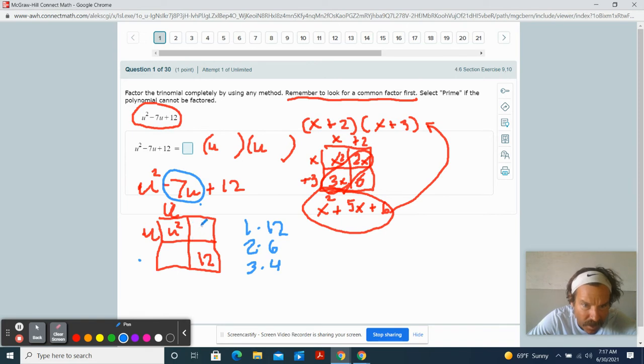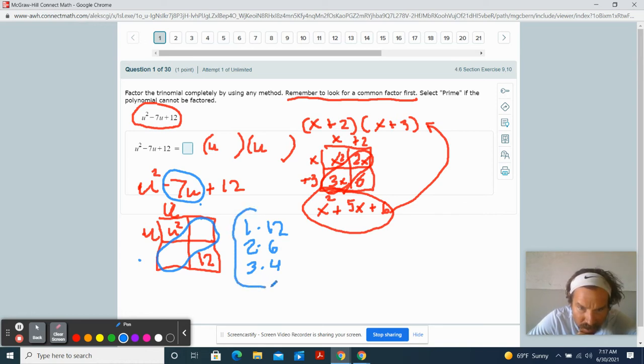Whatever numbers we put here in this blue dot and this blue dot, these boxes here have to add up to a -7. So let's look over here.